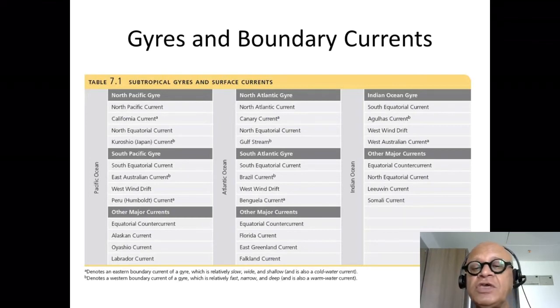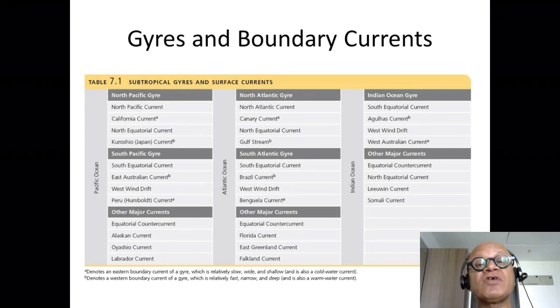You have the Florida current, East Greenland current, and Falkland current, and you have the equatorial countercurrent, North Equatorial Current, so-called South Monsoon Current, the Leeuwin Current, which is the eastern boundary current along Australia in the southern hemisphere, and the Somali Current, which is of course along Somalia, that we'll see.